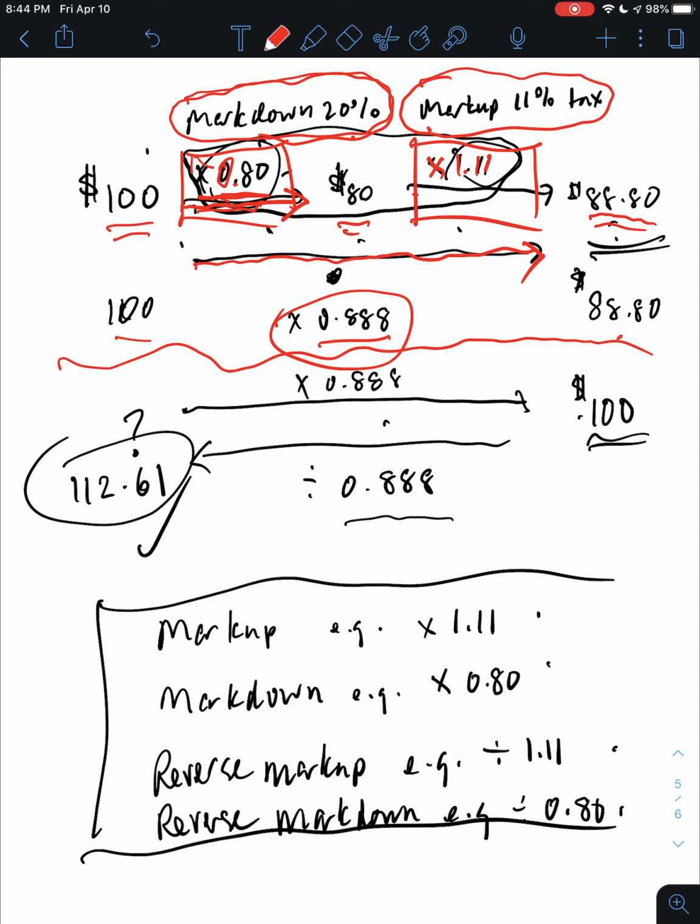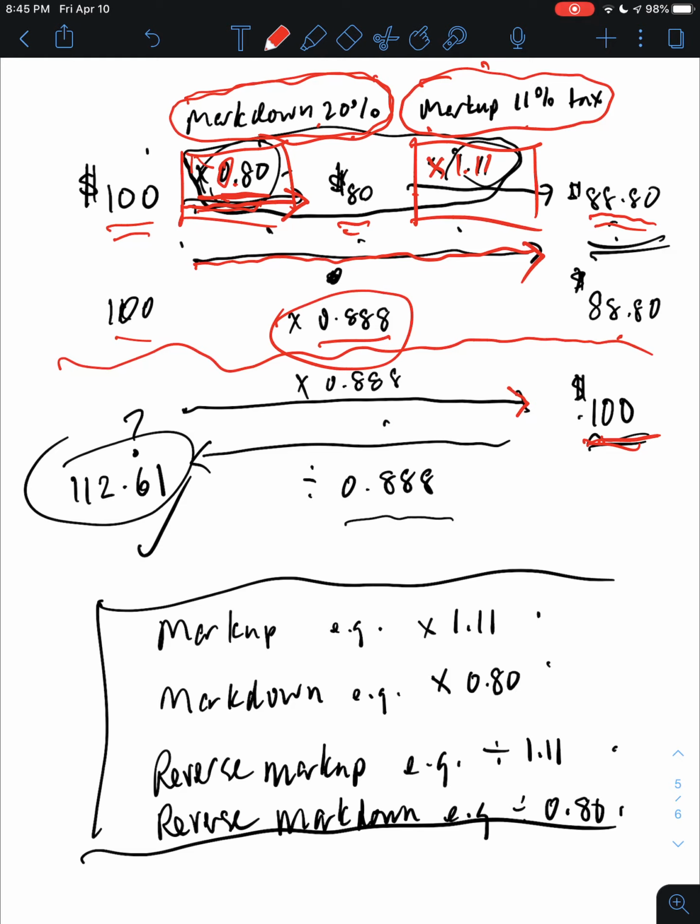So now let's take a look at another situation, and that's if there's $100 in my pocket, and there's a 20% markdown, but I still have to pay tax on it, and I want to know what is the highest sticker price that I can purchase in this store.